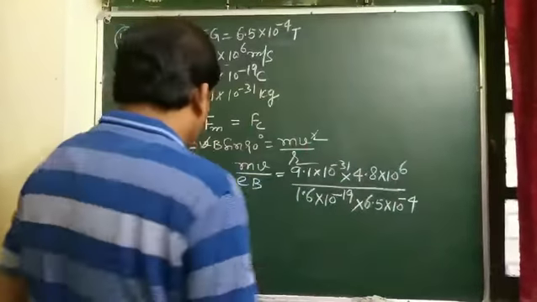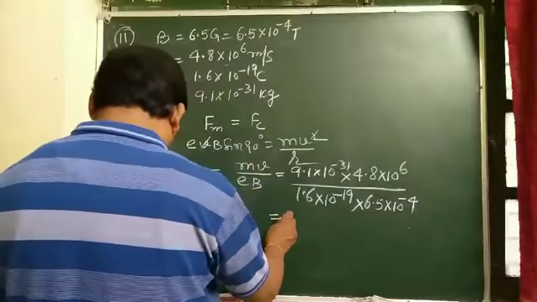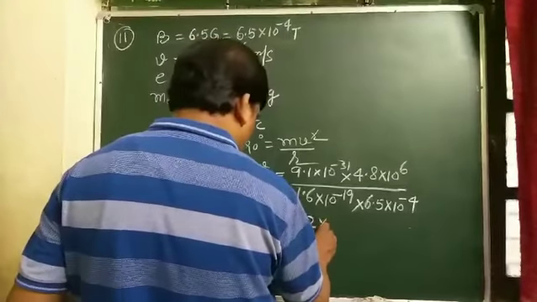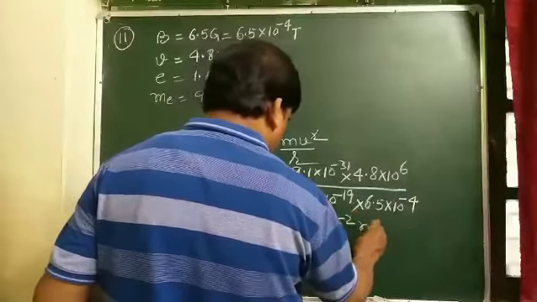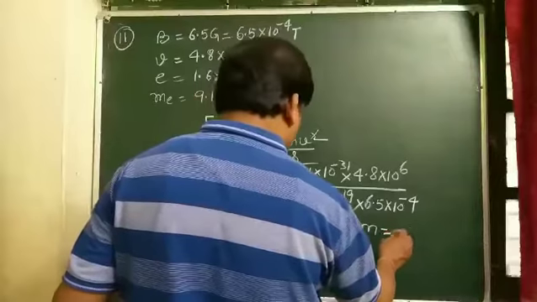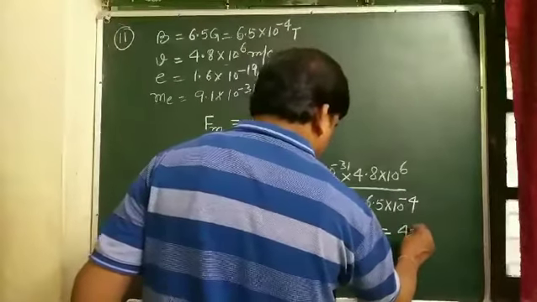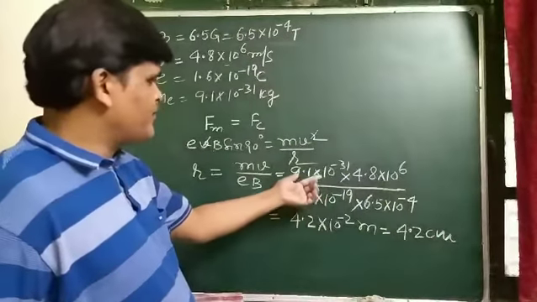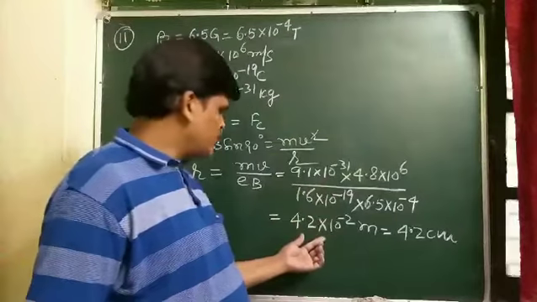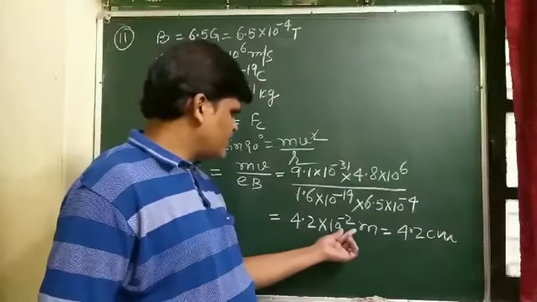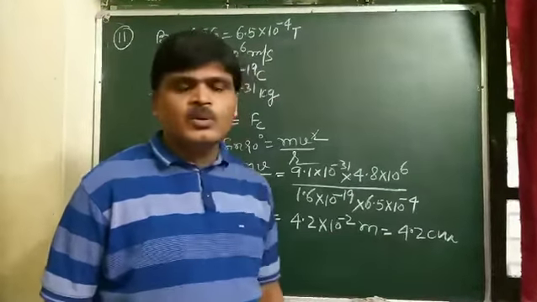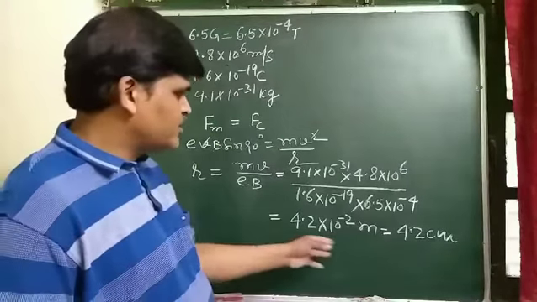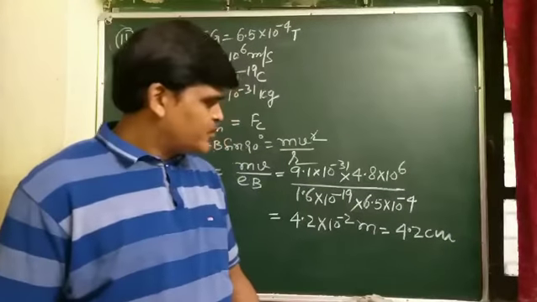After solving this, the radius of the circular path comes out to be 4.2 × 10^-2 meter, which is equal to 4.2 centimeter. So the radius of the circular path of the electron is 4.2 centimeter.